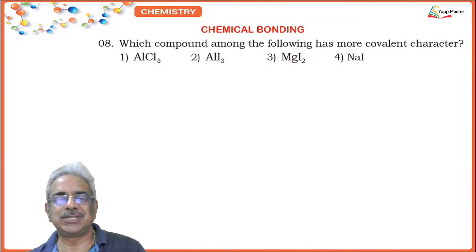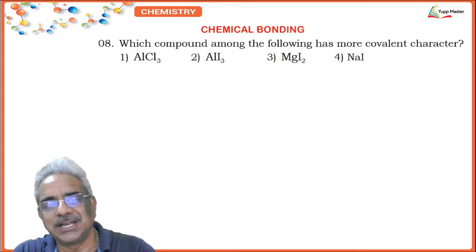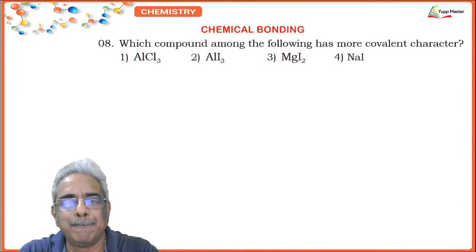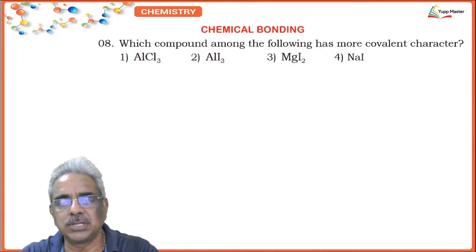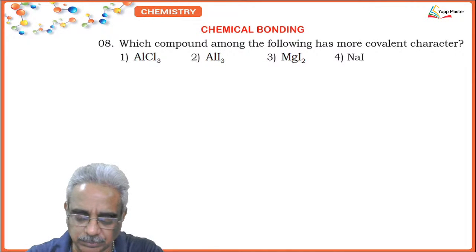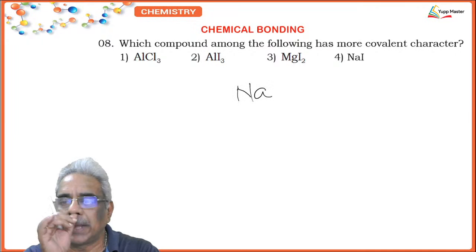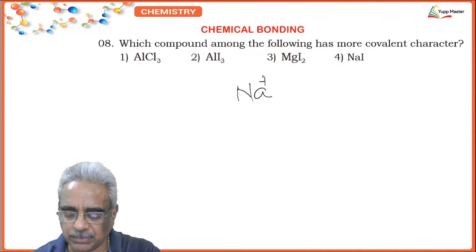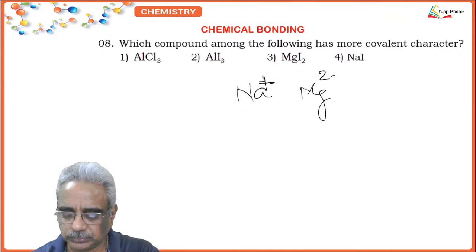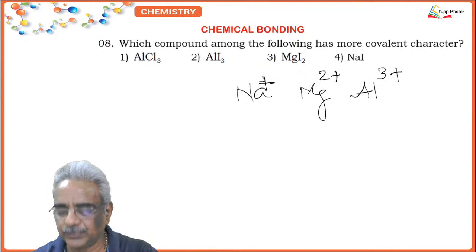In this question, both cations and anions are changed. You have to be careful. Cations are changed, anions are also changed. So sodium is one cation, first group, and in the first group you don't have anything else. Then magnesium, second group cation. Aluminium, third group cation, is also given.